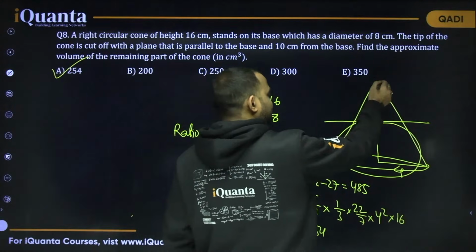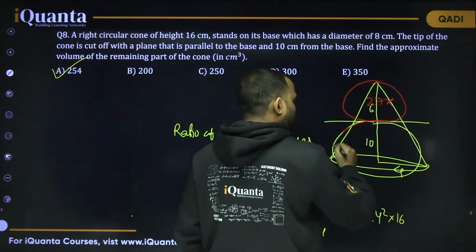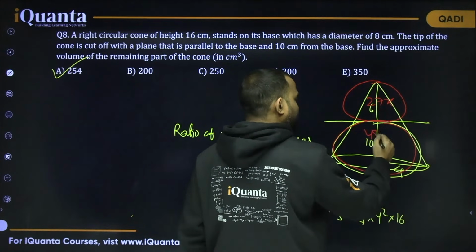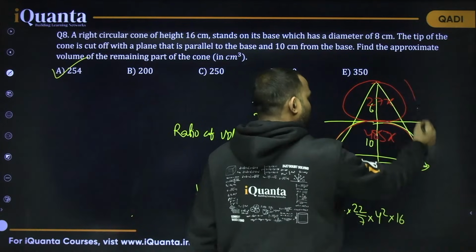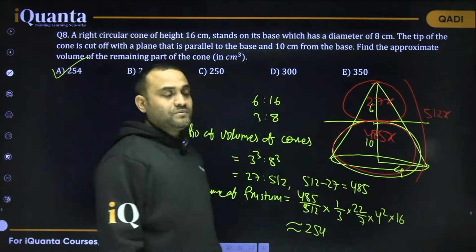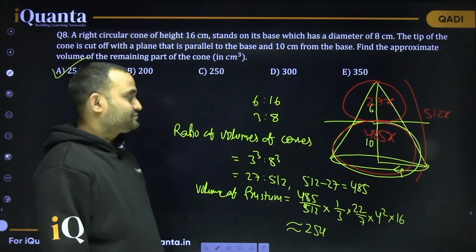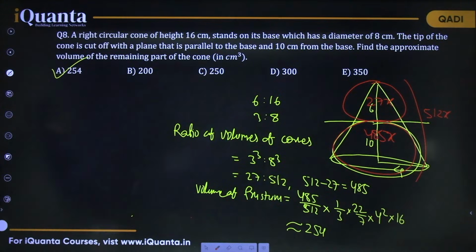Volume of this part will become 27x. Volume of this part will become 485x. And overall the volume will become 512x, only because the ratio of the heights is 3 to 8. Okay, Trishat. Similar concept.